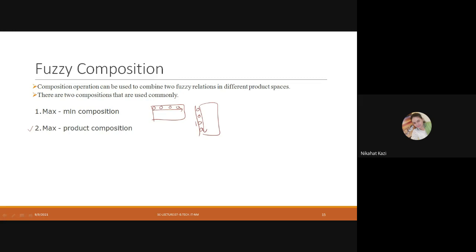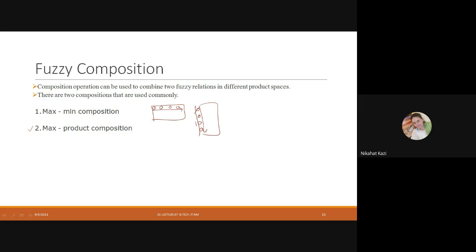Instead of multiplying the two values, this value and this value you are multiplying, what you should do is take the min of the two values. Similarly do it for these two also.